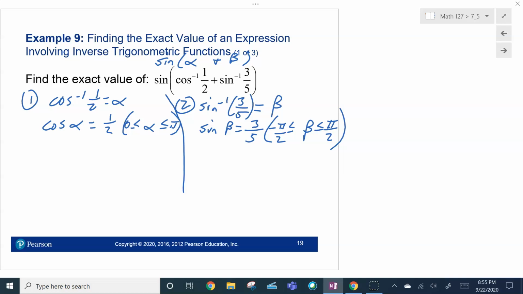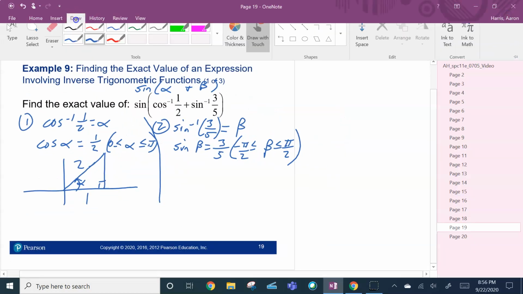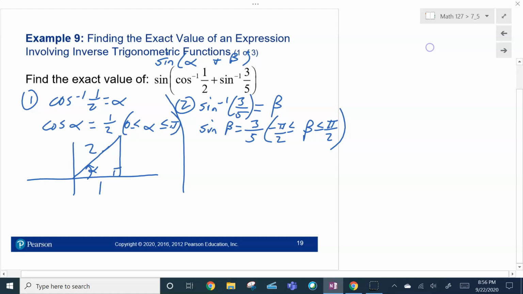So let's draw a picture of this. For alpha, I have a cosine that's positive, and it's between 0 and pi. Well, if my cosine is positive, that's got to be my angle alpha. And cosine is adjacent over hypotenuse, 1 over 2. So I'm going to go ahead and use the Pythagorean theorem to solve for my remaining side.